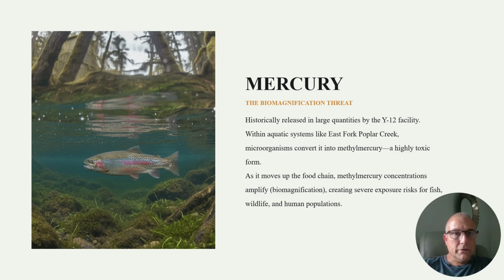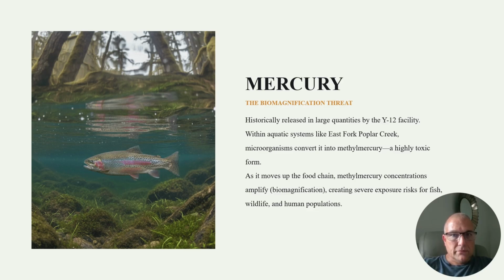Mercury. Mercury is one of the most significant contaminants associated with Oak Ridge Reservation, particularly within the East Fork Poplar Creek. Historical industrial operations at the Y-12 facility released large quantities of mercury into the environment.